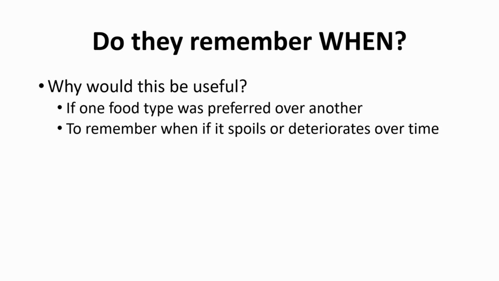If they can remember for 285 days, well, maybe we need to know if they can remember, did I cache that this year, or was it last year? Or was it the year before? Because maybe their food might have gone bad after all of that time.